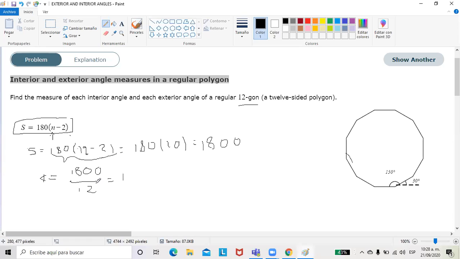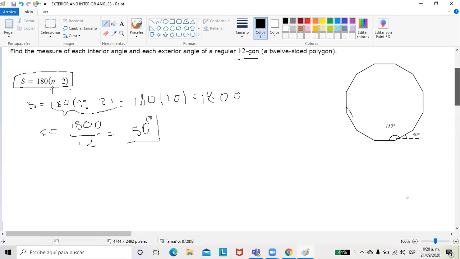So it's 1800 divided by 12 because we have 12 sides, and this is equal to 150 degrees. So this is the measure of the interior angle.